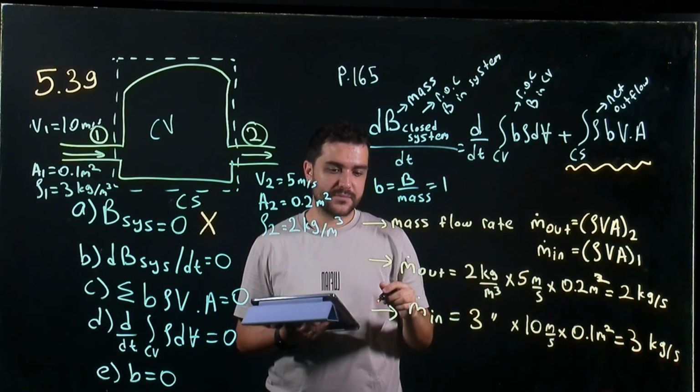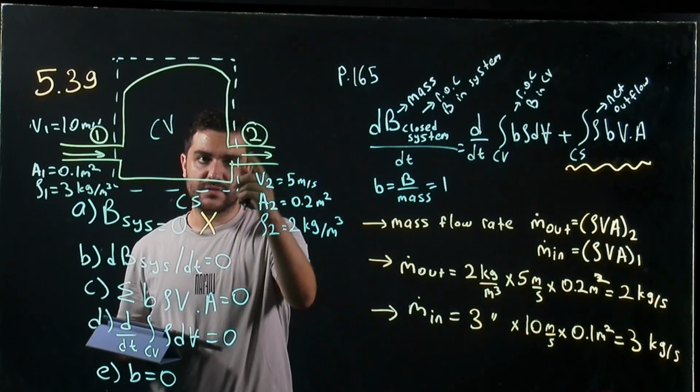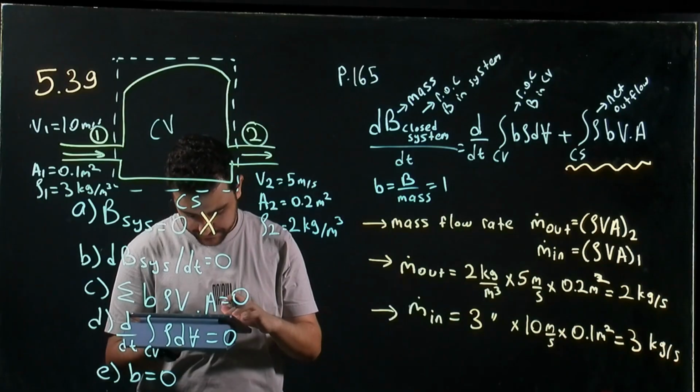So this gives inflow is 3 kilograms per second and outflow is 2 kilograms per second.